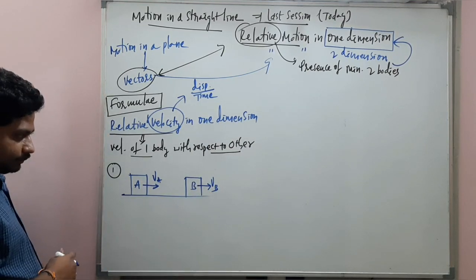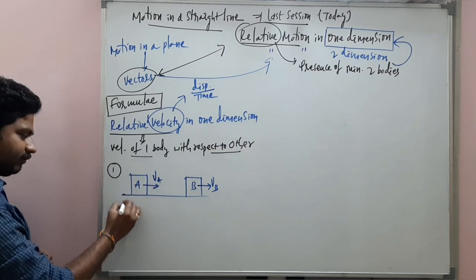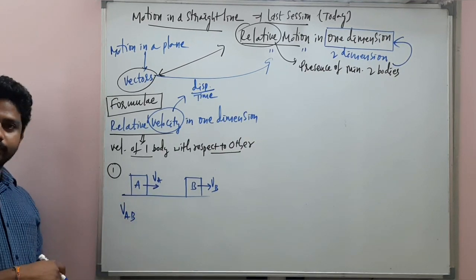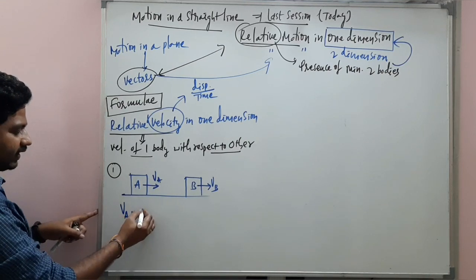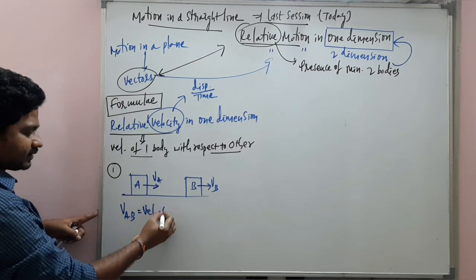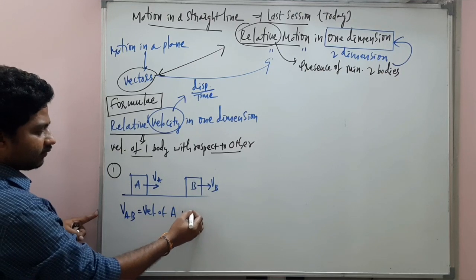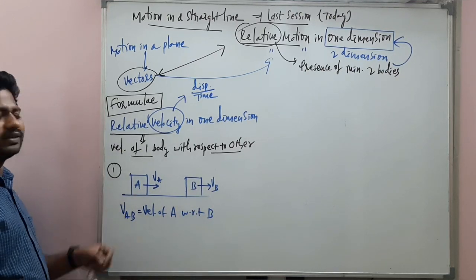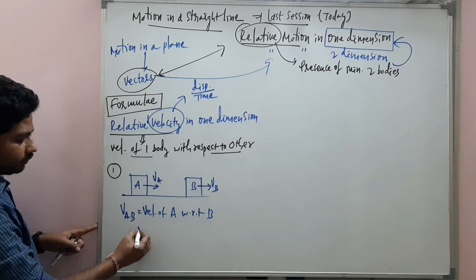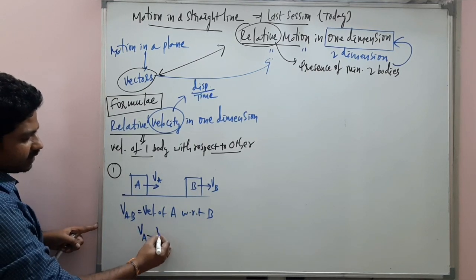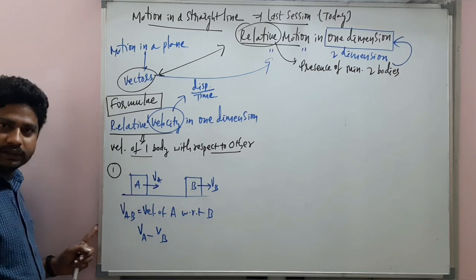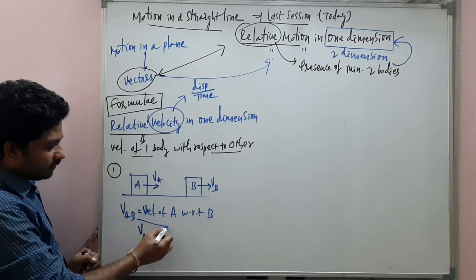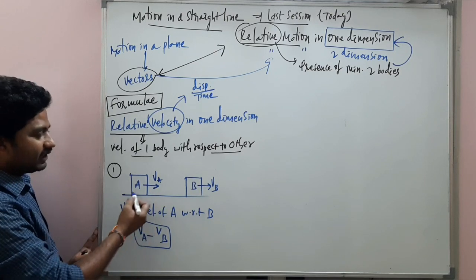Now, the question is the relative velocity of A with respect to B. Velocity of A with respect to B is called the relative velocity. So the formula for this is VA minus VB. Remember, simple, VA minus VB when both the bodies are moving in a straight line.